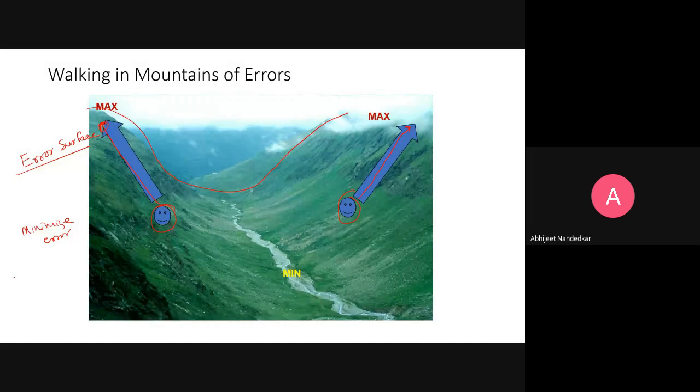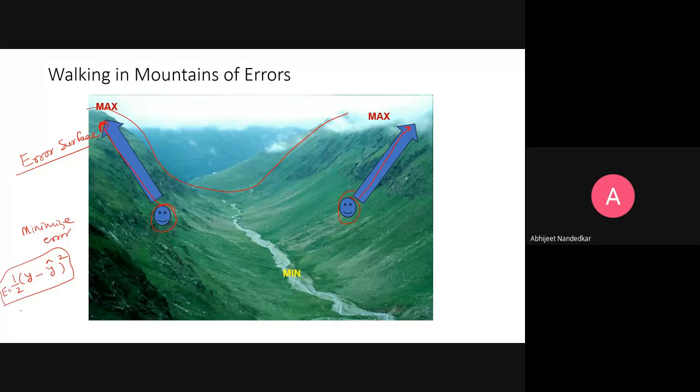What is my error? As you have seen earlier, the error was the actual value y minus the predicted value y, the difference, and the square of that, multiplied by half. So this was my error in prediction, which we defined earlier.